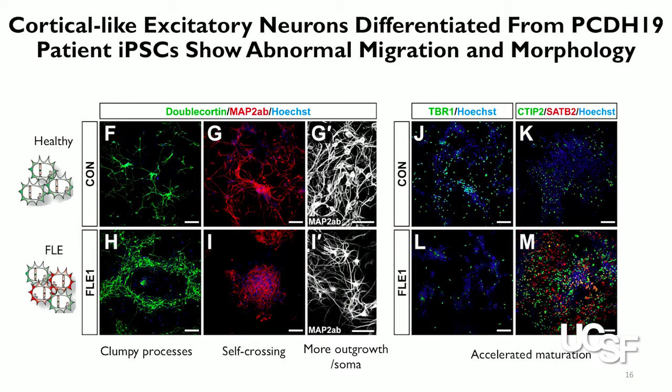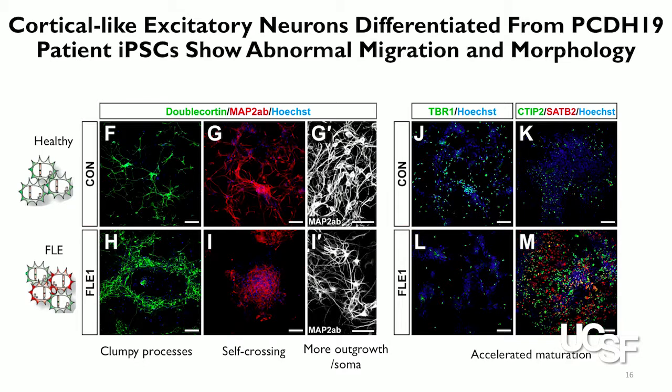Therefore, we stained the culture with different antibodies that recognize different layers of neurons in vivo. TBR1 is the marker for the SVZ, where the neural progenitors proliferate dramatically.